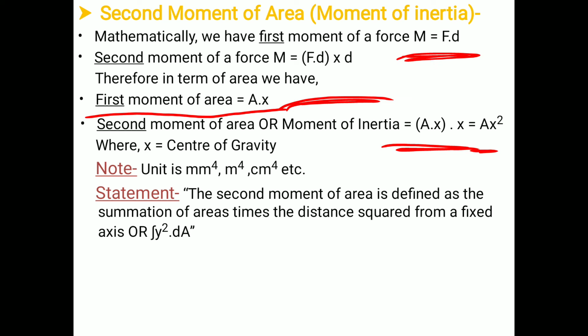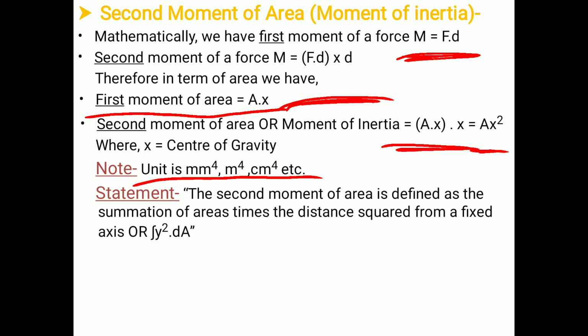It will give you the value of A x square, where x is the distance of the center of gravity. If I put the value of area and the perpendicular distance, then we have the unit of moment of inertia as mm raised to 4, meter raised to 4, or centimeter raised to 4. We can express moment of inertia in terms of mm, meter, or centimeter.